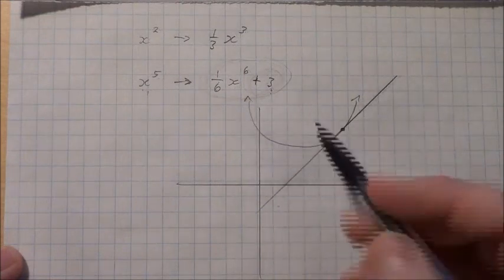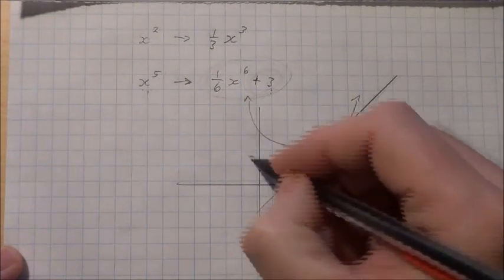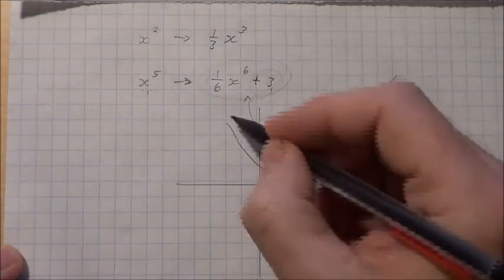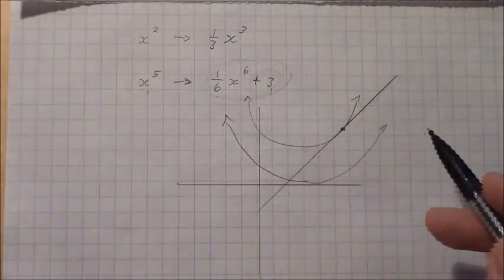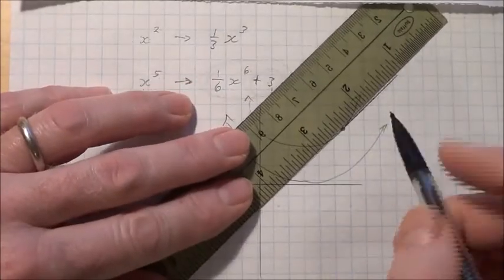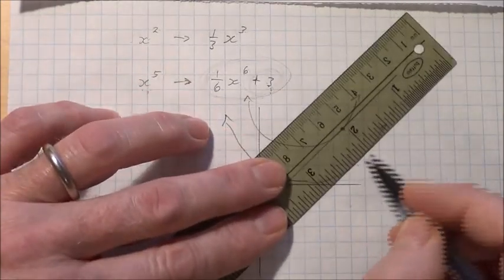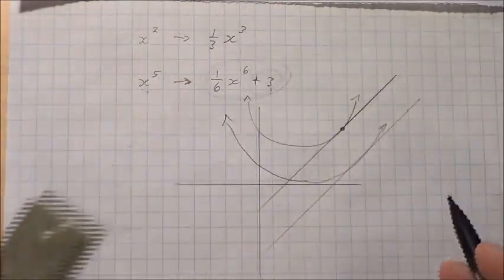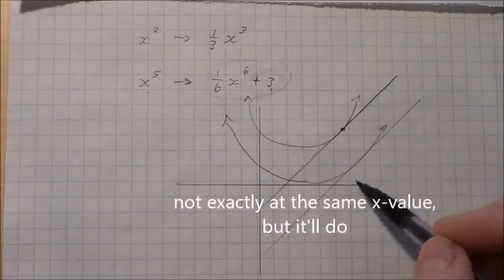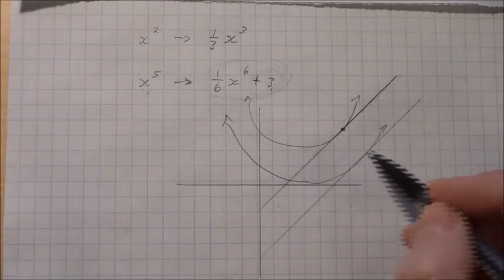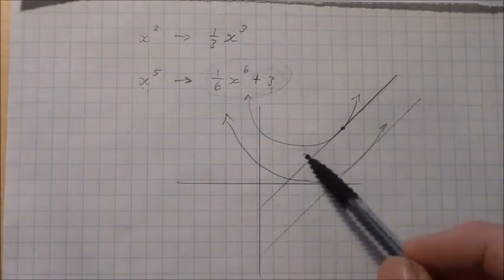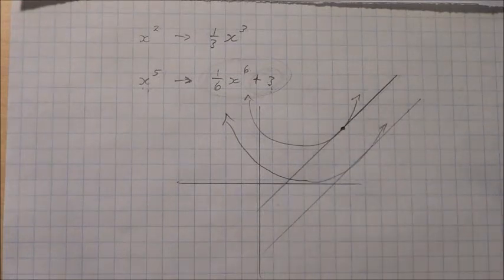If this function were drawn down here, for example, that gradient is going to be the same even if it were translated down here. Okay, so that gradient is the same. The gradient of the function is going to be the same no matter where the function is translated.